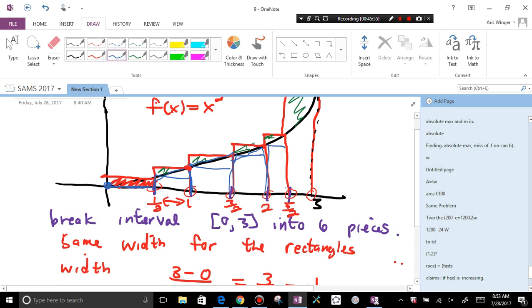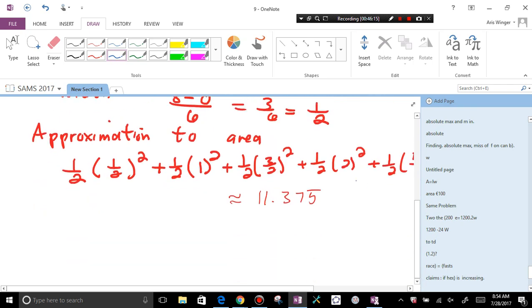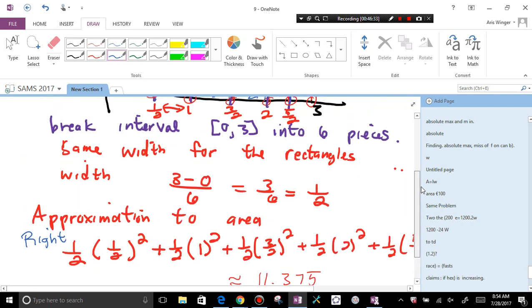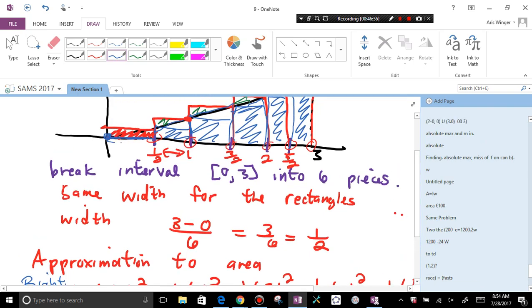We'll write this sum. Tell me about that sum. What's the width of each interval? It's still 1/2. But if I pick the left endpoint method, the first term is 1/2 times 0, so it's nothing, because this is where the height is, so you plug in 0.